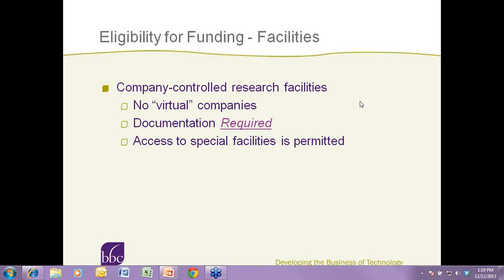You are able to access specialized facilities through a subcontracting arrangement or through a leasing arrangement.